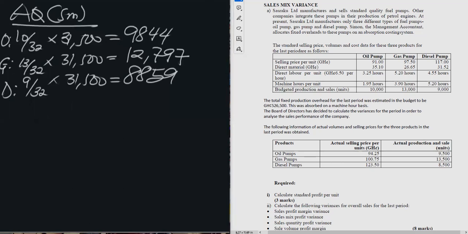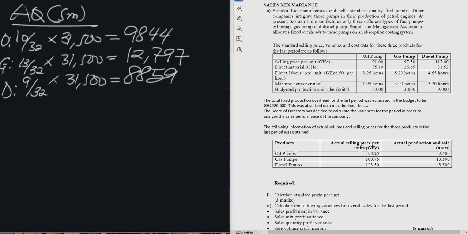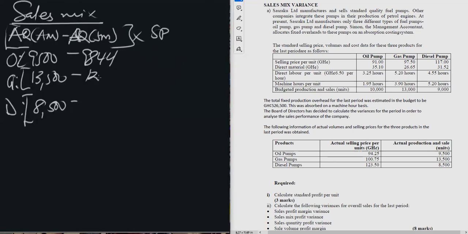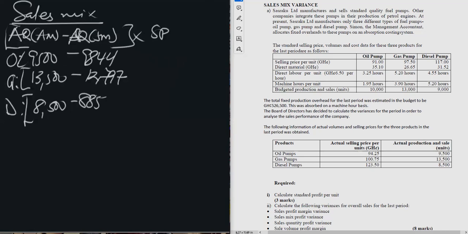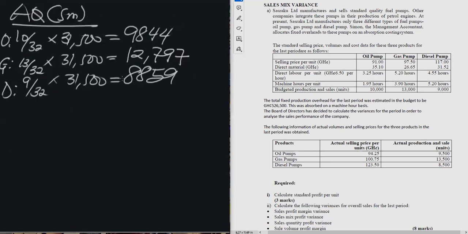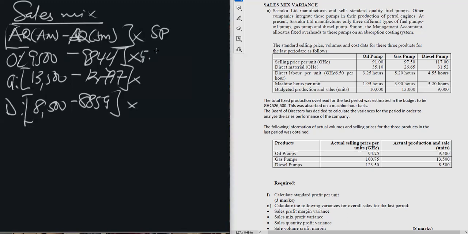That's 9,844, then 12,797, then the last one, 8,859. Once you have this, you just have to multiply by the standard profit we have, 5.19.